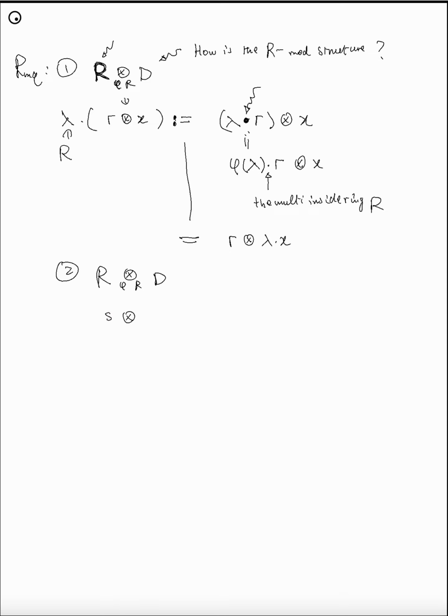So let's say R1, R2, lambda mu x equals, where this lambda is in R, mu is in R, x is in D. We want to move some element in R from the right hand side to the left hand side. What you do is take Frobenius of mu, or phi of mu, and then multiply on the element on that part.